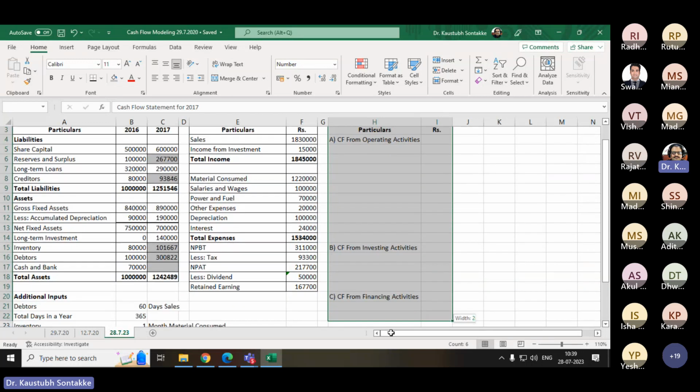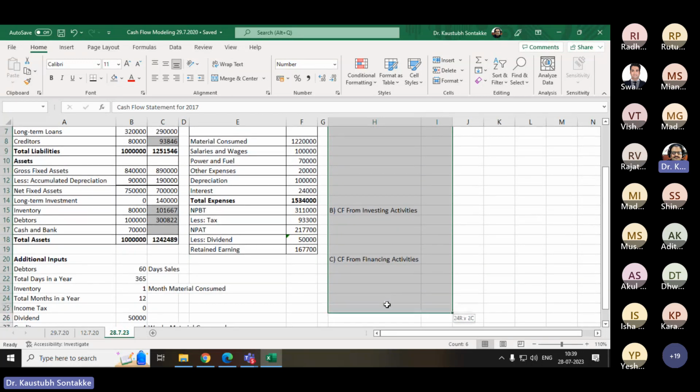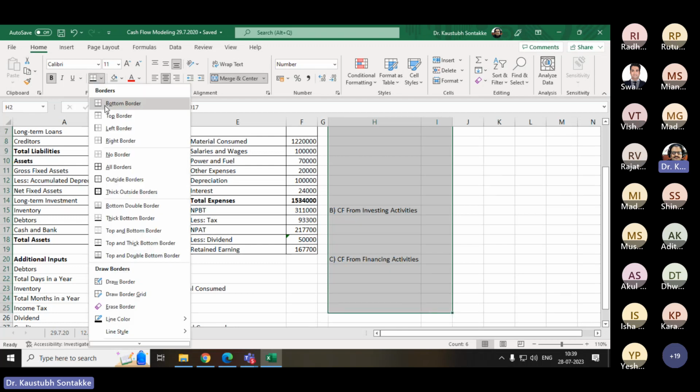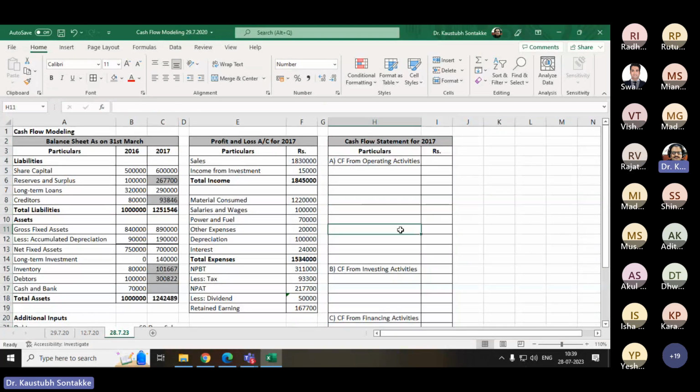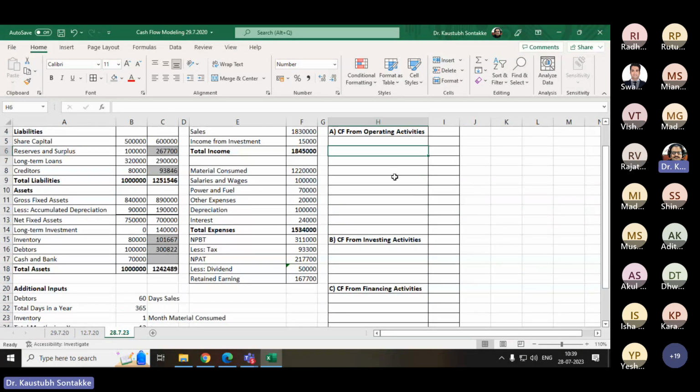You can make the borders visible up to a few lines after cash flow from financing activities. So this is our cash flow, properly built in. I'll make the headings bold and increase the size of column H.